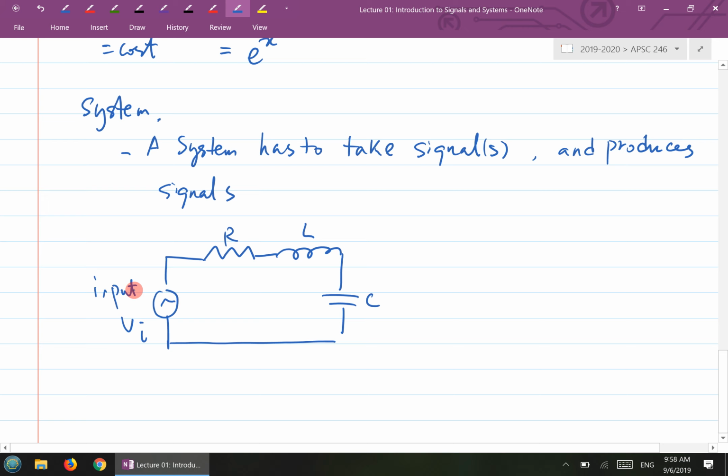Given that input, you may be interested in what is the output voltage across this capacitor. That's essentially input, output, and then the system is this. That's the box. In this case, it's a single input and single output system.